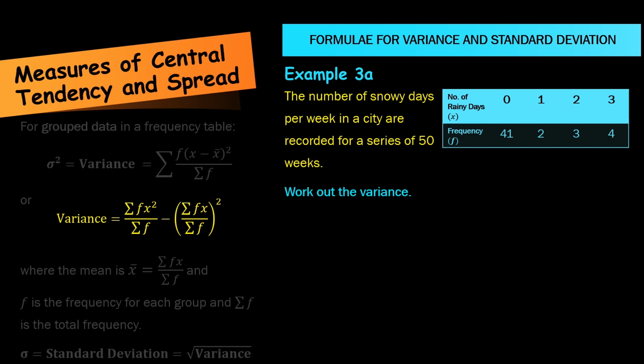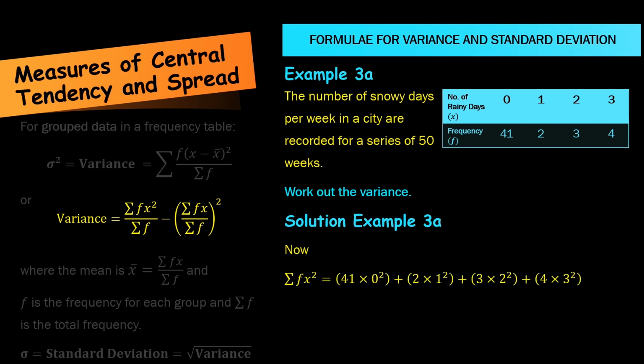So the formula for the variance which we're going to use has been highlighted. Let's solve this. Sum fx squared is 41 times 0 squared plus 2 times 1 squared plus 3 times 2 squared plus 4 times 3 squared, which is equal to 50.